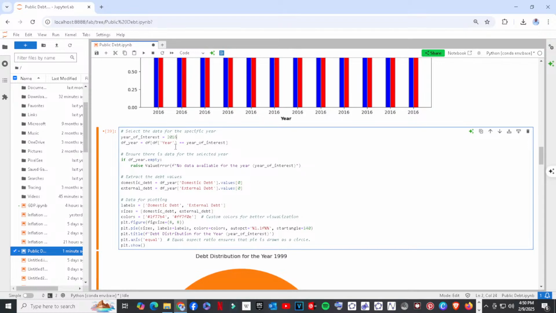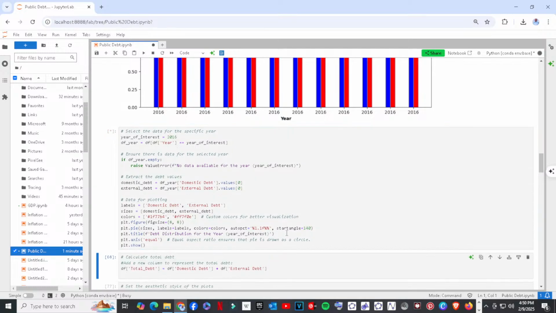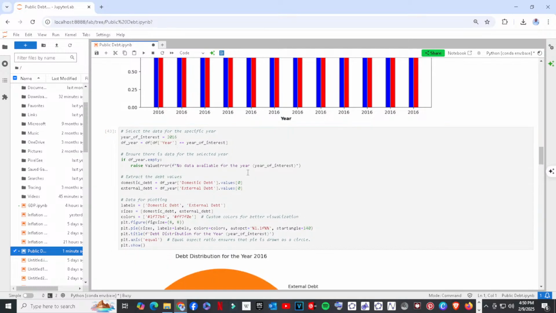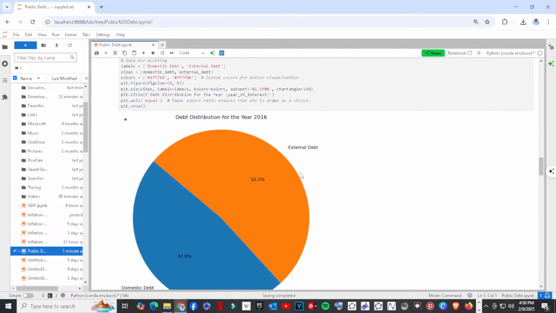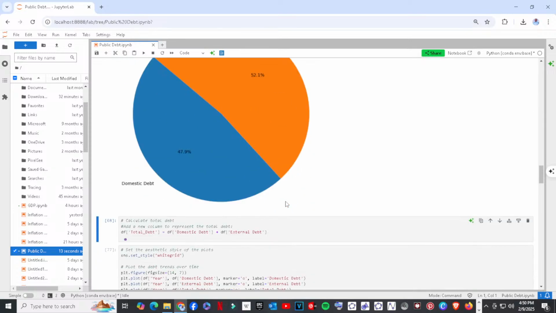What did it look like? See, already it had begun shifting. The government had already started the trajectory of moving from borrowing much more domestically to borrowing more externally.